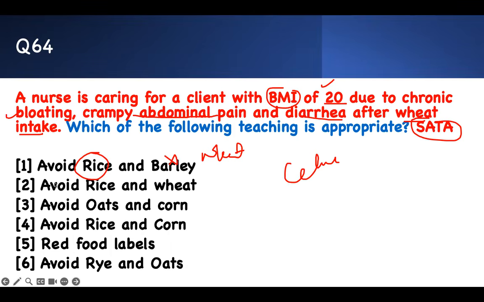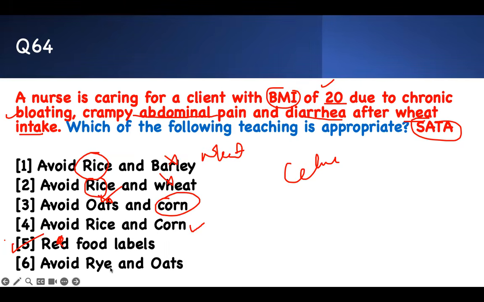So this is wrong. They can eat rice, they should avoid this. So this is wrong. They should avoid this, but they can eat that. So this is wrong. Avoid rice and corn, they can eat both. So this is wrong. Read food labels, yeah, that's good.